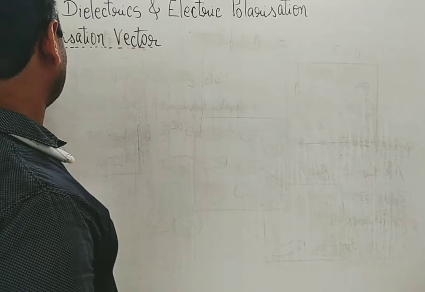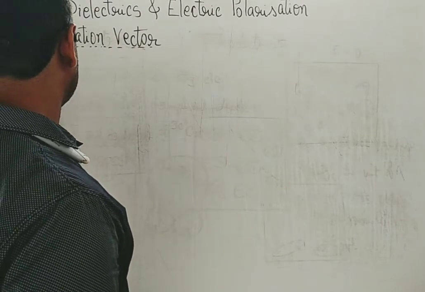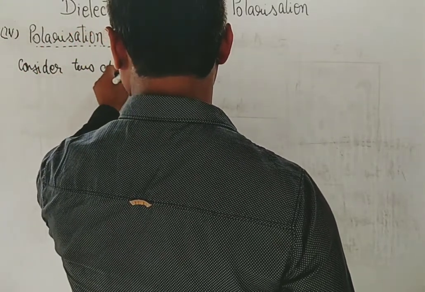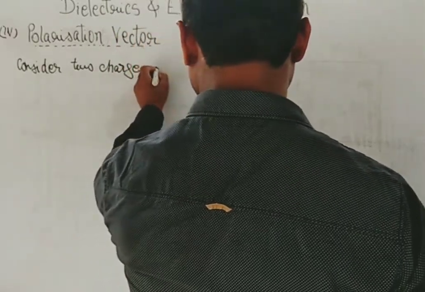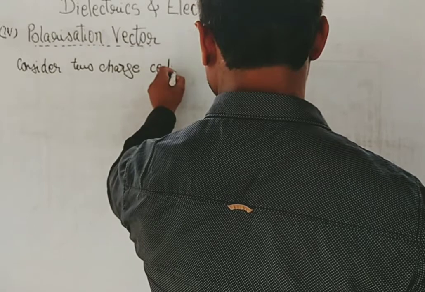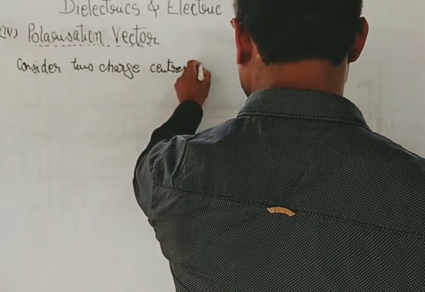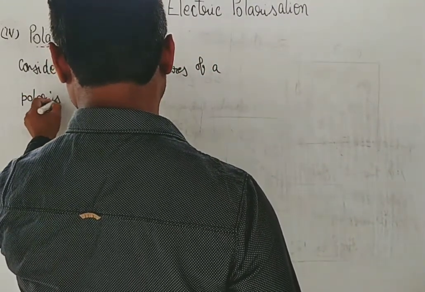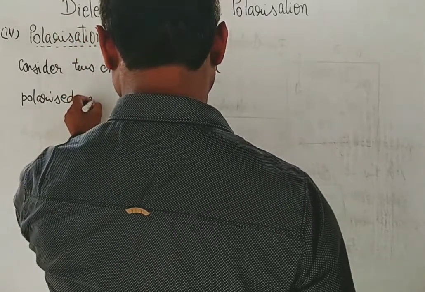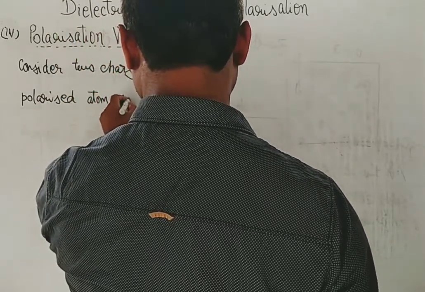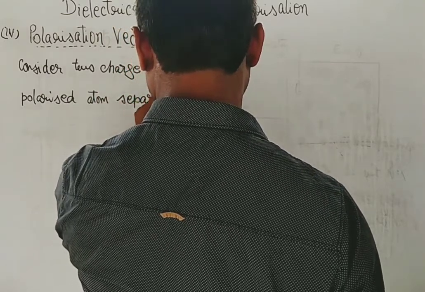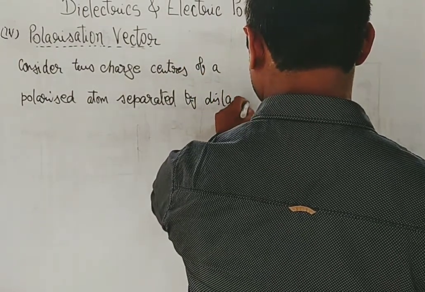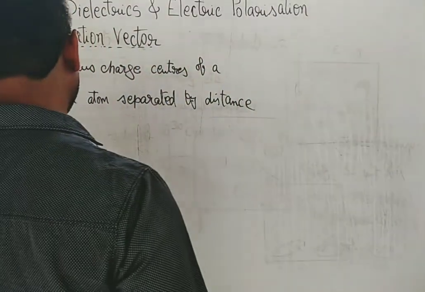Here, for the consideration, let me write this: consider two charge centers of a polarized atom separated by distance delta.